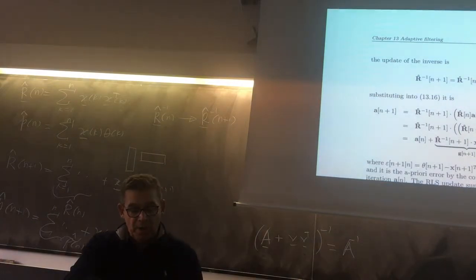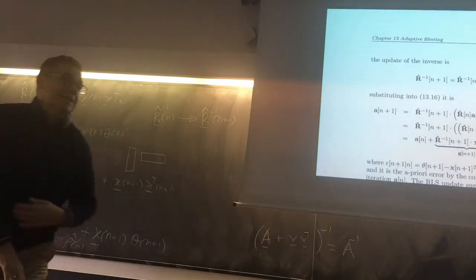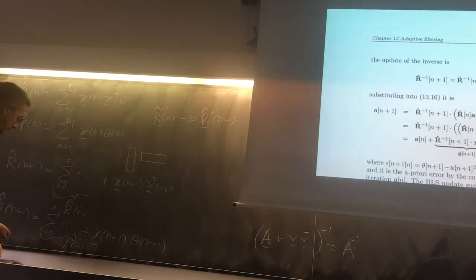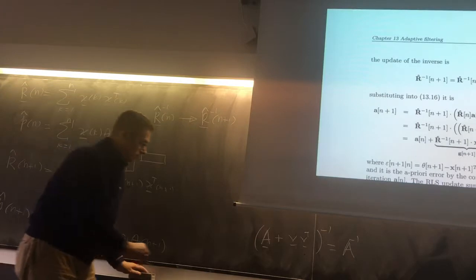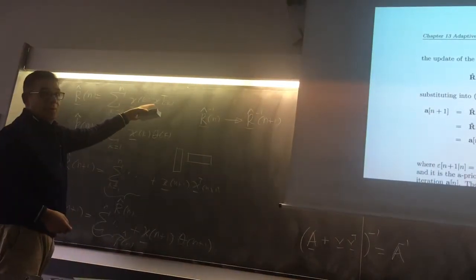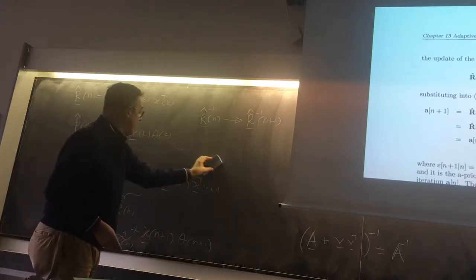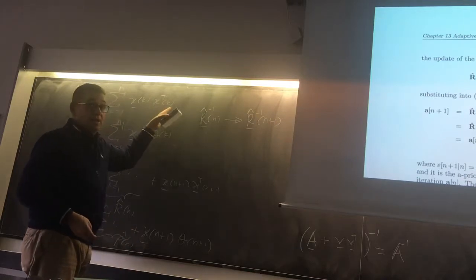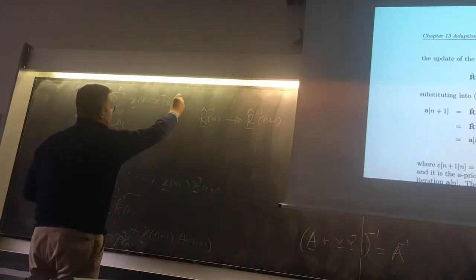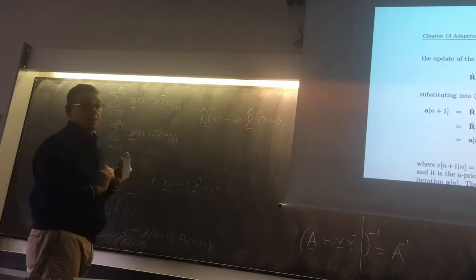Now, before making a step forward, let me dissipate the issue about the scaling factor of 1 over n. You might argue that this is not the sample correlation, because in order to have the sample correlation, this should be divided by n, and this one should be divided by n, right?